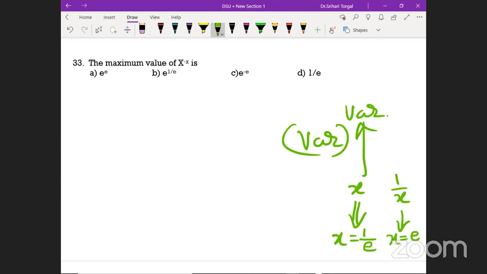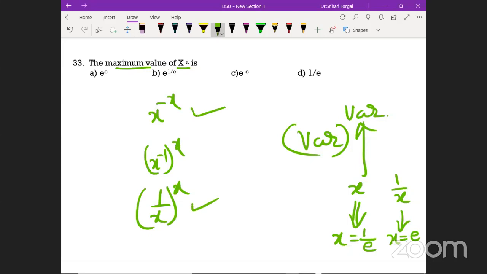You will get the required maximum and minimum value. Here, maximum value of x power minus x is there. What you have to do? X power minus x, or you can take this as x power minus 1 whole power x. This is 1 by x whole power x. Both are same.